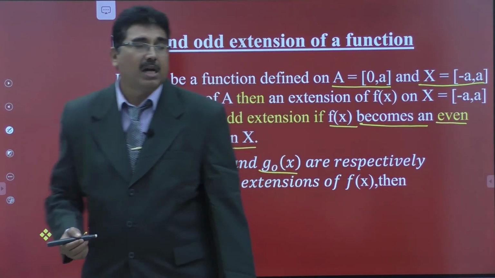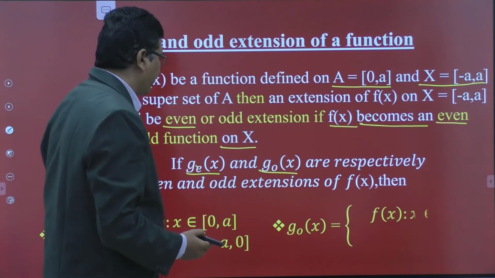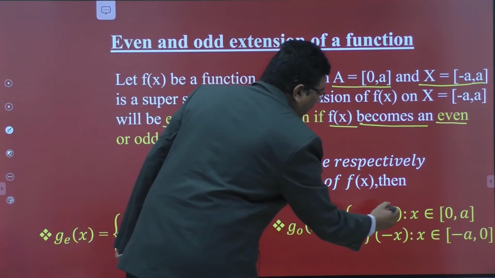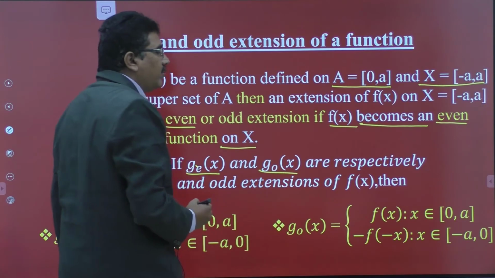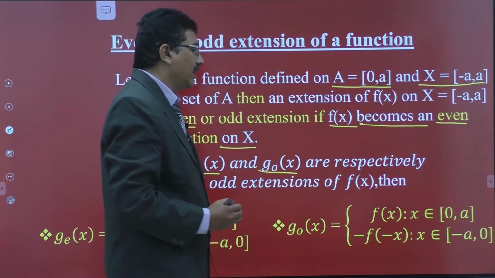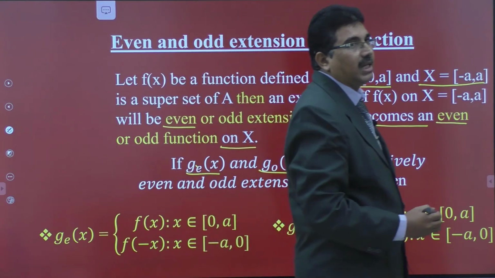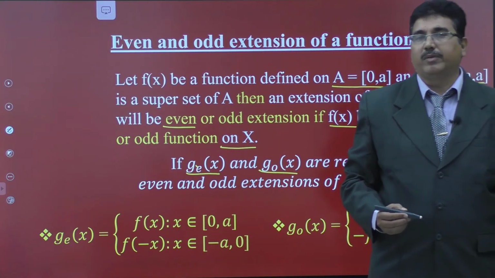Now see the odd extension. Odd extension of f is equal to f of x when x belongs to closed interval 0 comma a. In an odd extension, f becomes an odd function.